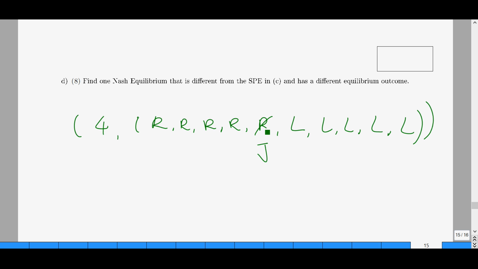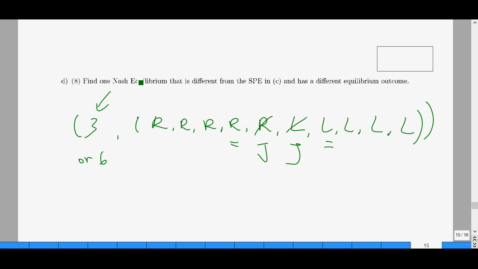If I reject this, then my brother will choose 5. But 5 is still SPE, so I'll reject this as well. Then my brother will choose either 3 or 6. Then it's okay, right? This is different, and we have mutual best responses.